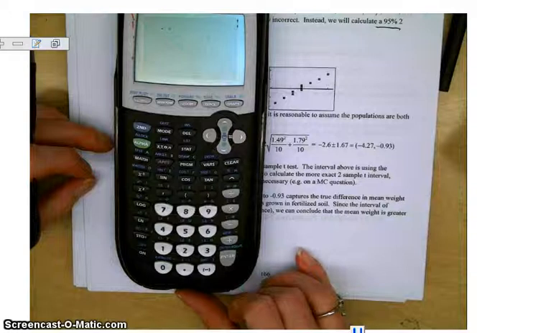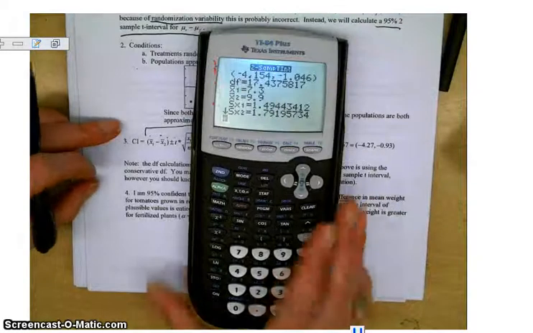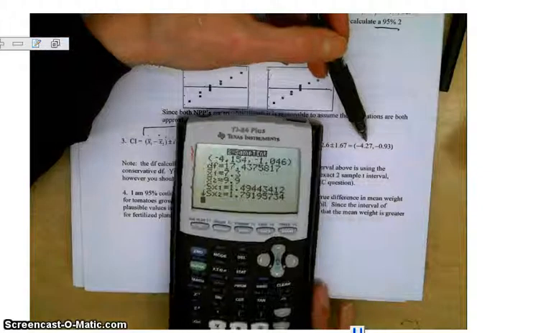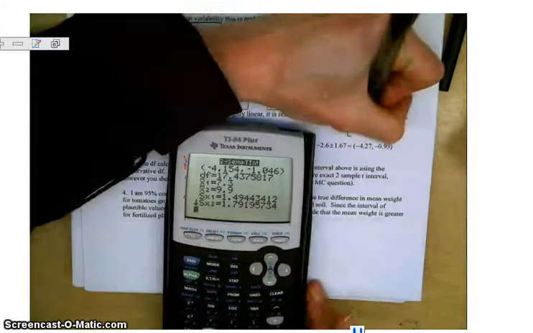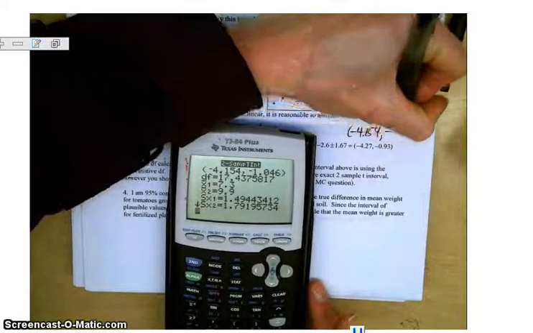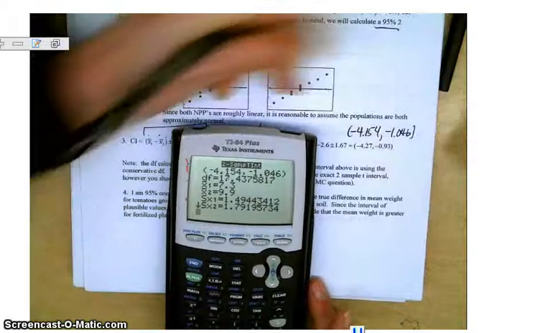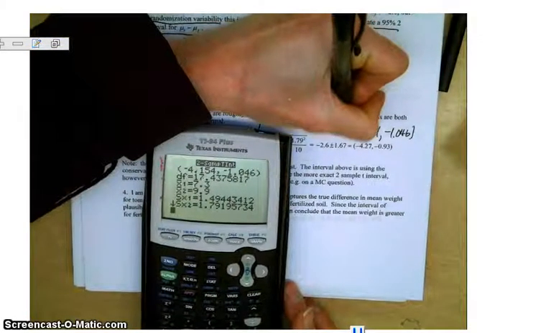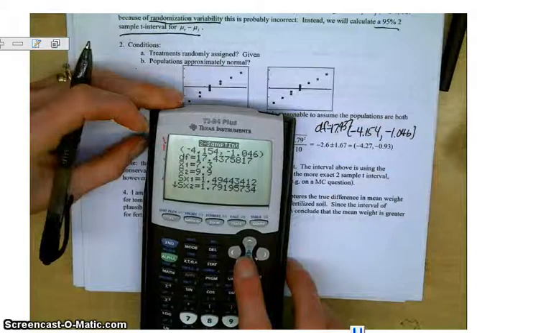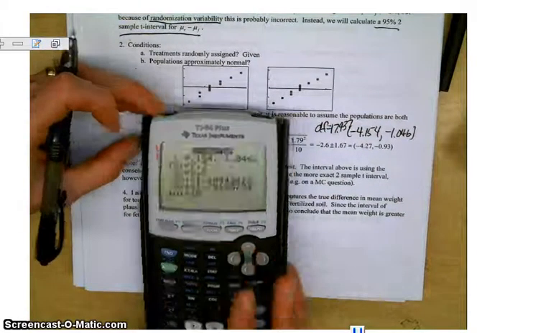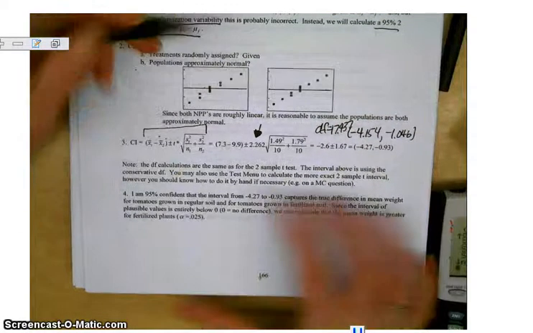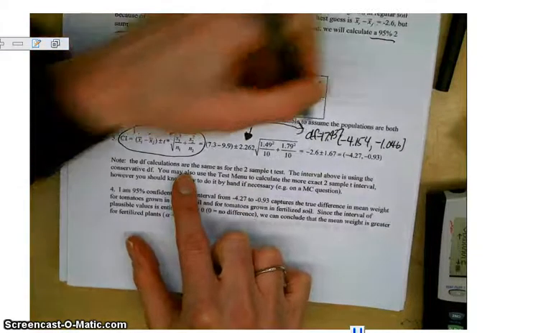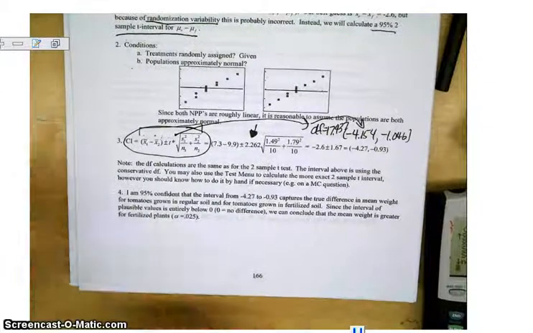Calculate. So this tells me that my confidence interval is the same. Now this is a little bit different, so negative 4.154 to negative 1.046. And the degrees of freedom is 17.437, and that's all they give you. So if you're going to use your calculator, the only things you're going to write down are the degrees of freedom and the interval the calculator gives you.